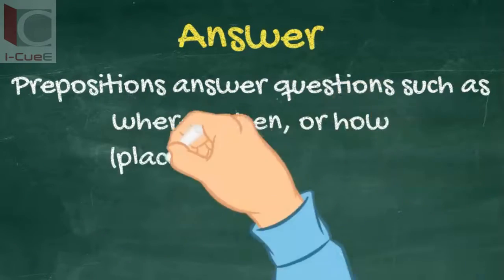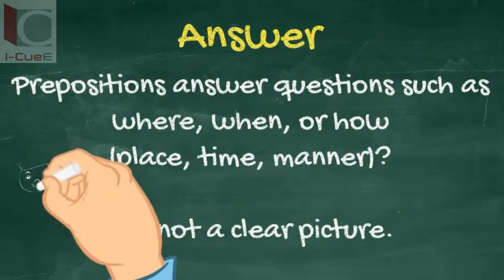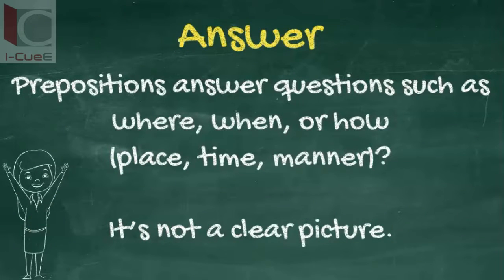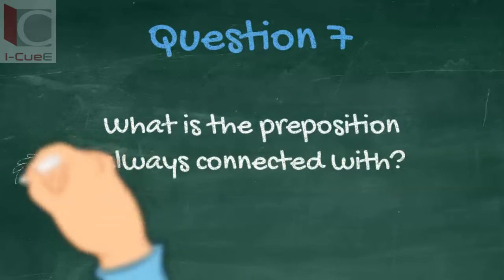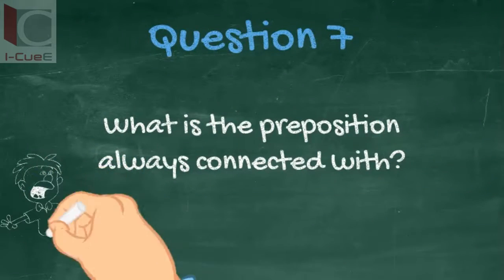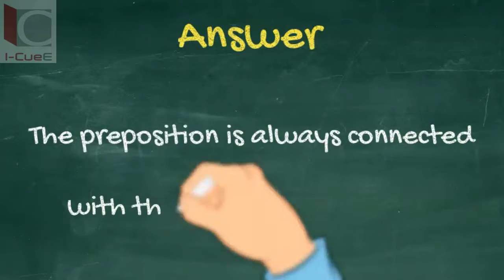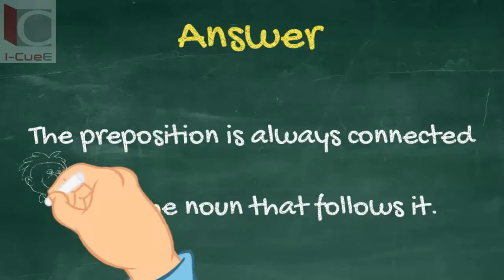Prepositions answer questions such as where, when, or how, place, time, or manner. It is not a clear picture. What is the preposition always connected with? The preposition is always connected with the noun that follows it.